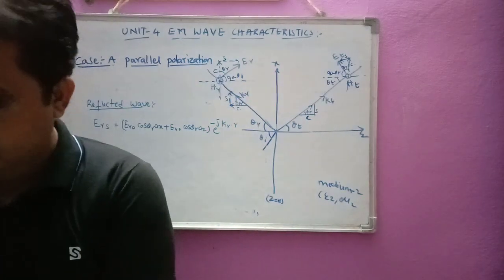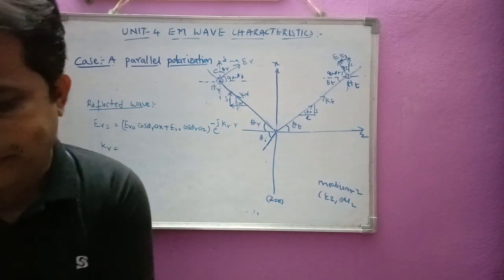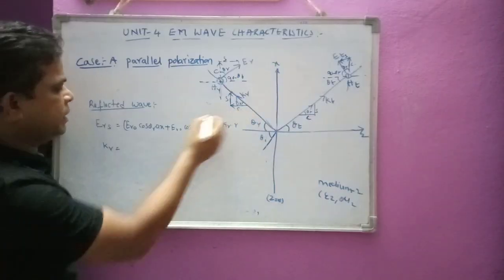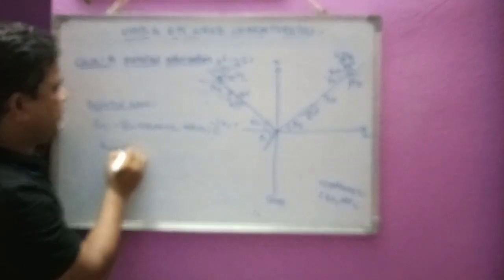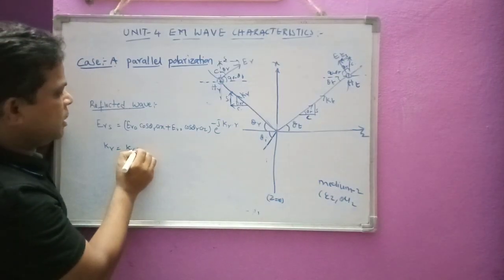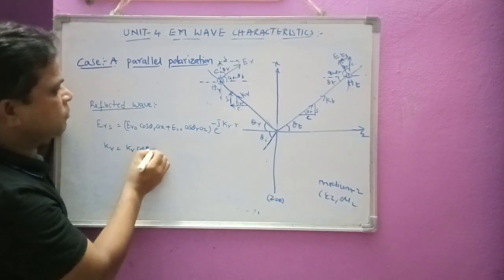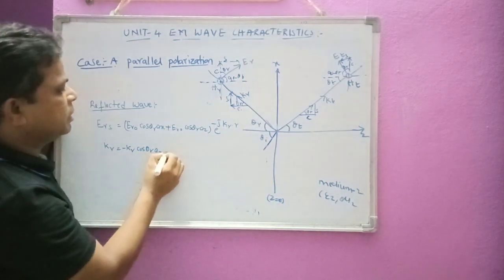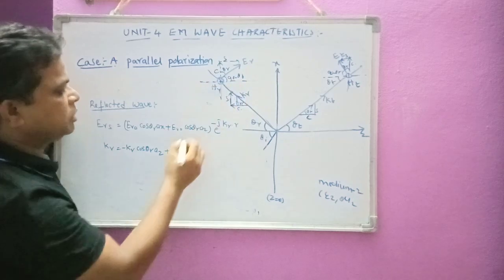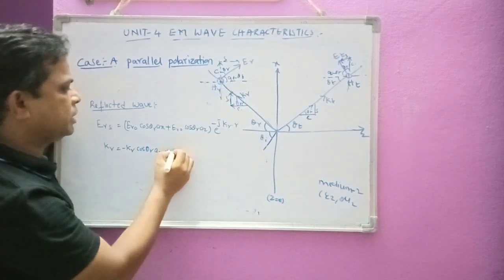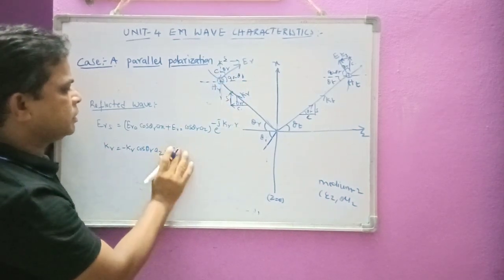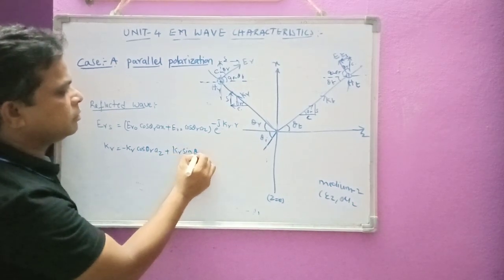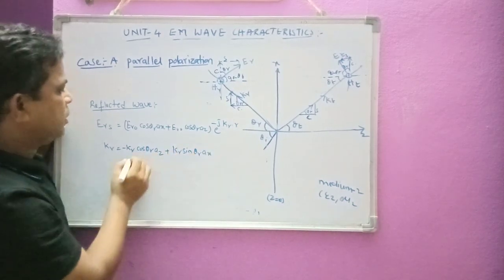So k_r will be k_r times cos θ_r, in the negative z direction, that's why I write minus a_z, plus the sine component along the positive x direction, k_r sin θ_r a_x.